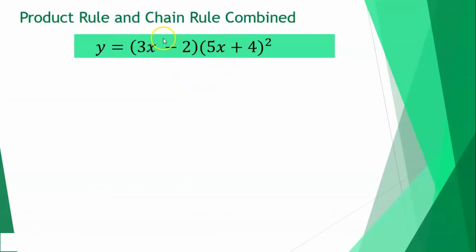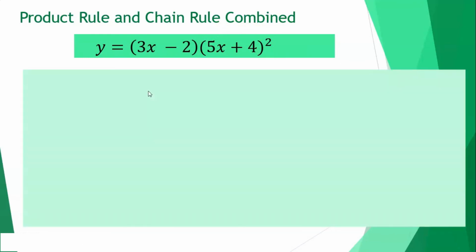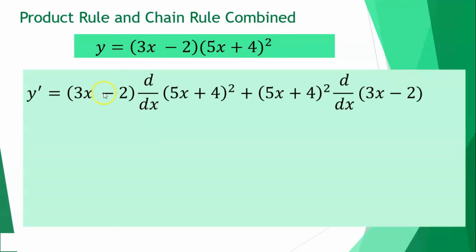Okay, let's have this example wherein the product and the chain rules are combined. Find the derivative of y = (3x - 2)(5x + 4)². So again, getting the derivative of this. Copy the first, so that's 3x - 2, multiply the derivative of the second, which is (5x + 4)², plus copy the second, multiply with the derivative of the first.